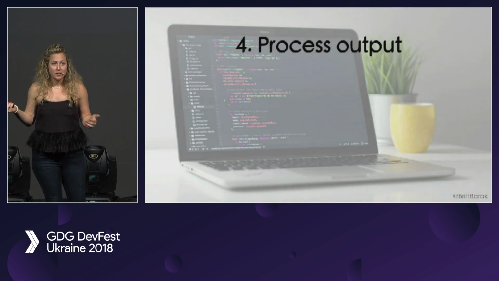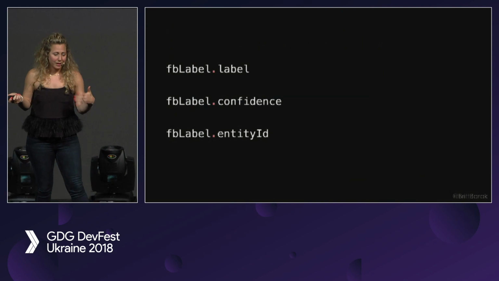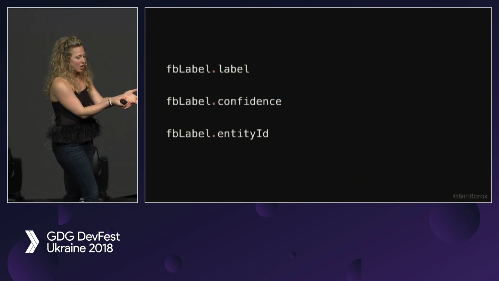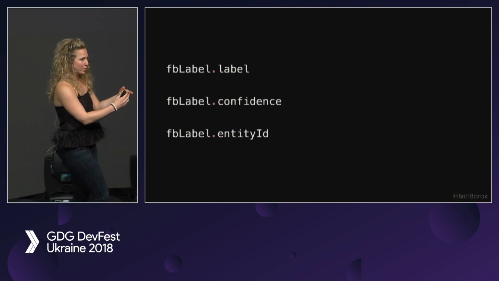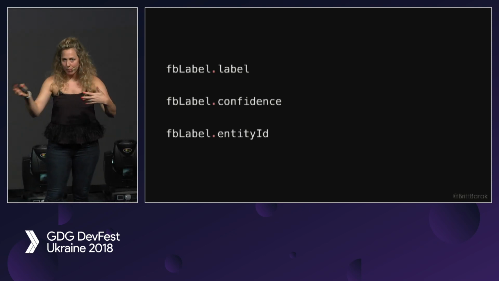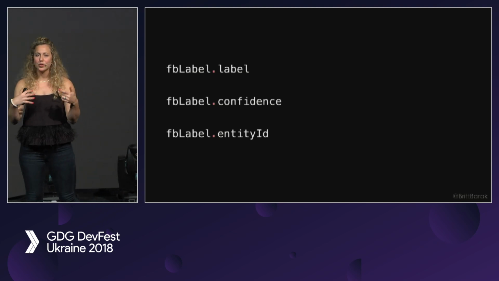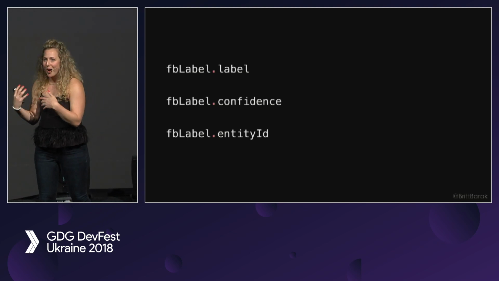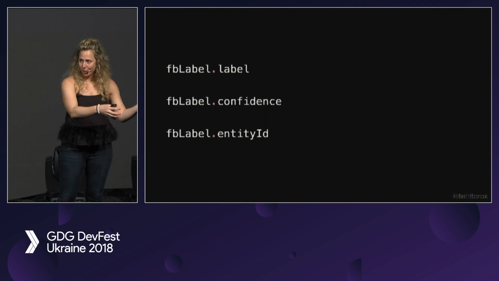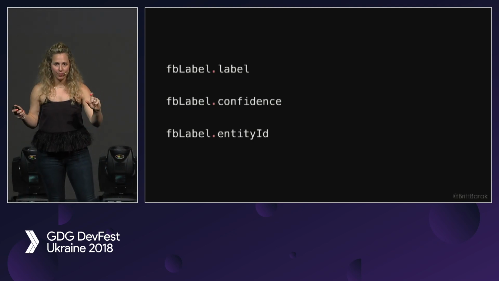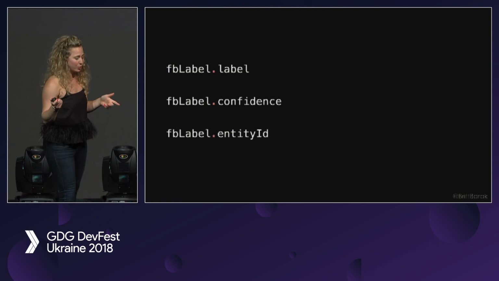So now the result is the FirebaseVisionLabel. Each label object contains a label, which means something like ice cream, apple, whatever. The confidence, so how certain the model is that this is indeed an apple or this is indeed a strawberry, which is a float between 0 and 1.